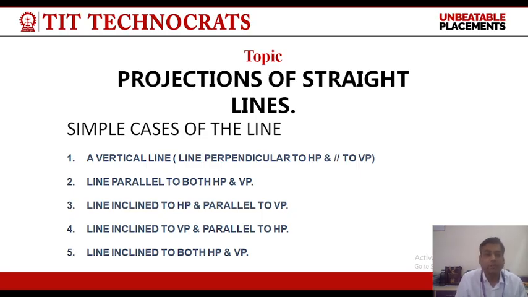So we will consider the different cases of the line. Case 1 is a vertical line, that is a line perpendicular to HP and parallel to VP. Then we will discuss a line parallel to both the reference planes, that is, parallel to HP as well as VP. Then a line inclined to one plane and parallel to the other.